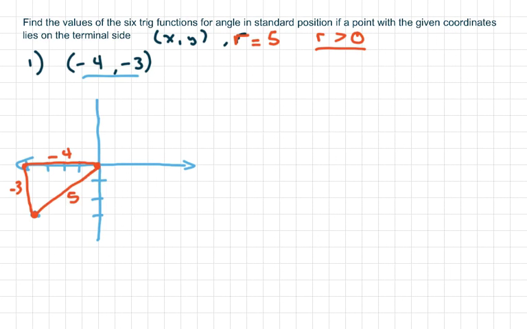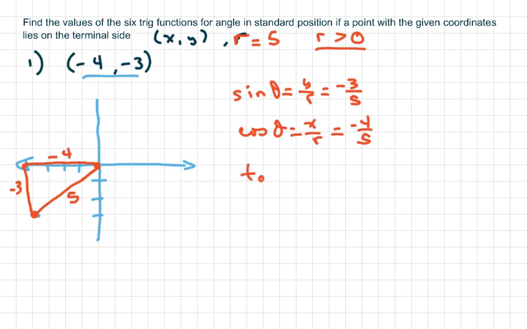So basically, you just have to do the six functions. Sine of theta equals y over r, so that's -3 over 5. Cosine of theta is x over r, which is -4 over 5.